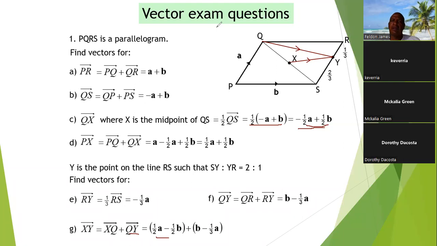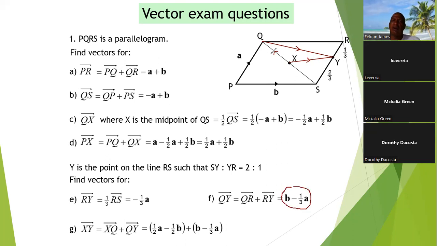All right, let me just undo some of these lines. So what they did, they said from Q to Y, you would go from X to Q, which is this way. So if you go X to Q, and then go from Q to Y. But we would have calculated Q to Y to be this.